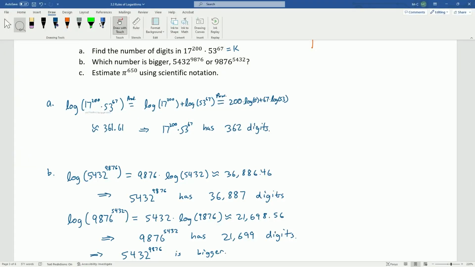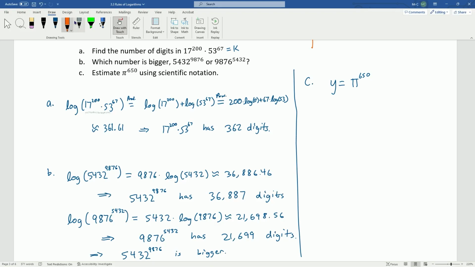I'm actually going to do part C on this side here. Estimate pi to the 650 power using scientific notation. Okay, so we've got y equals pi to the 650 power. And the way you should think about this, what is scientific notation?